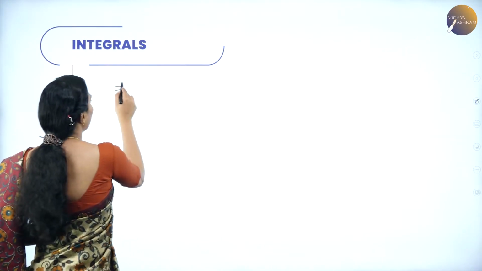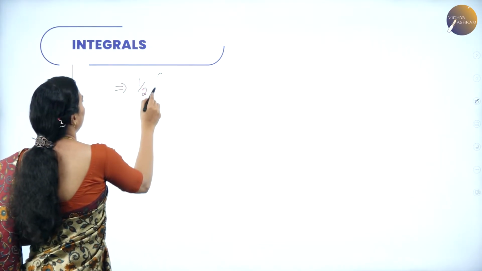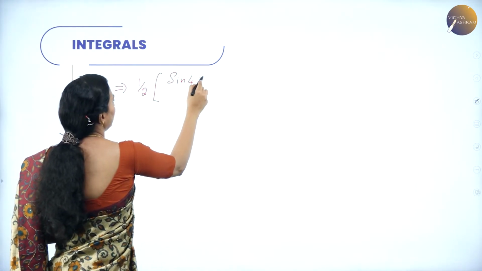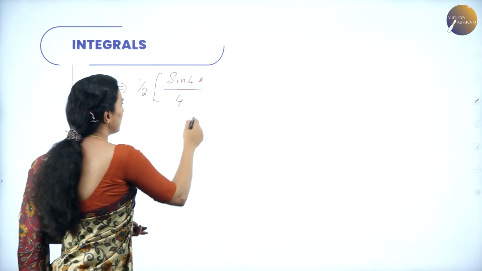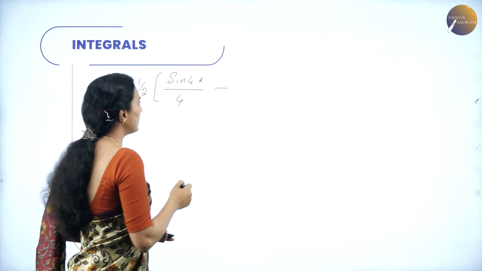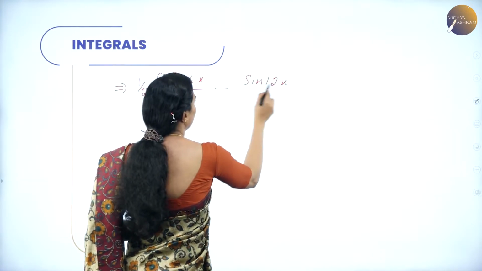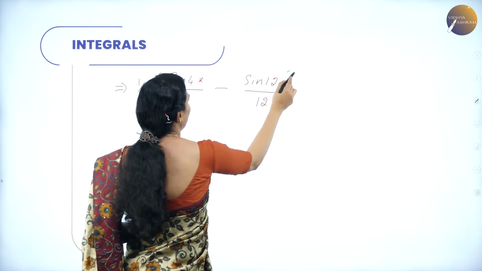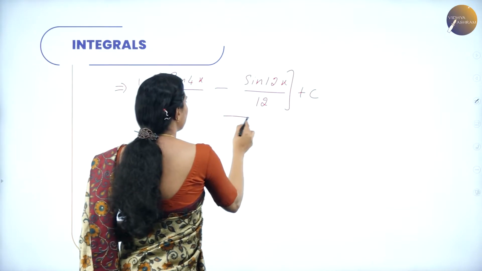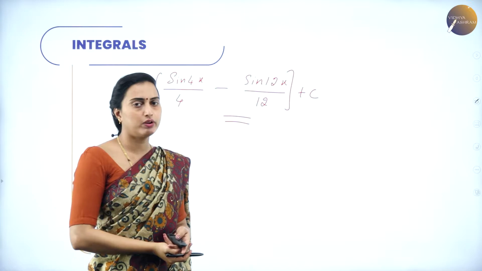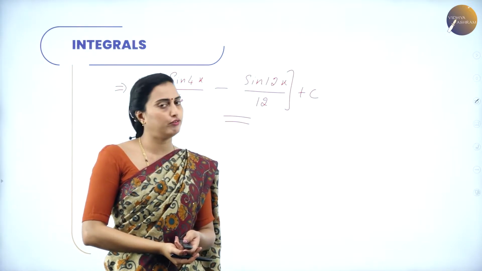Therefore, we are going to have the answer half into integral of cos 4x is sine 4x divided by 4, coefficient of x, again minus, you are having cos 12x integration is sine 12x divided by coefficient of x, 12, plus c. And this is your final answer for that question. I hope you got this one by having a trigonometric identity formula.